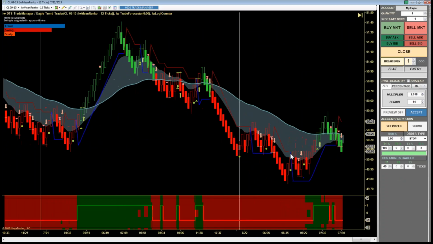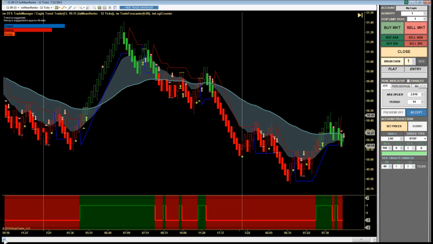It always impresses me how the DTS will pick up the signal, report or no report. So here, just prior to the report, we were printing a green bar sell, which tends to be a high probability signal for the Eagle.